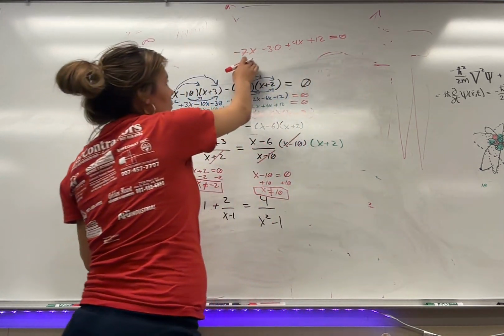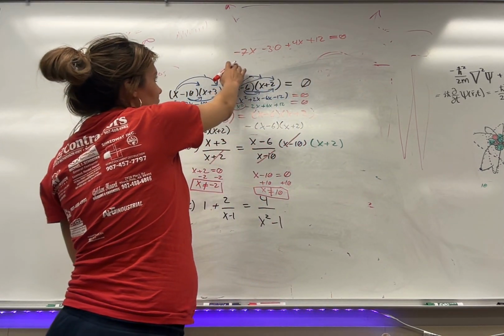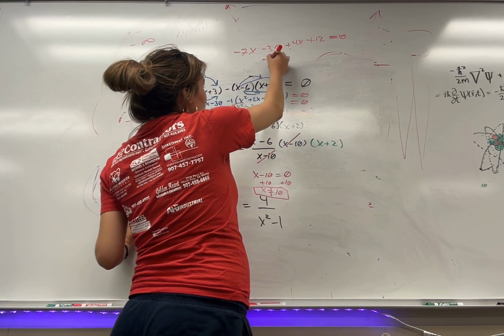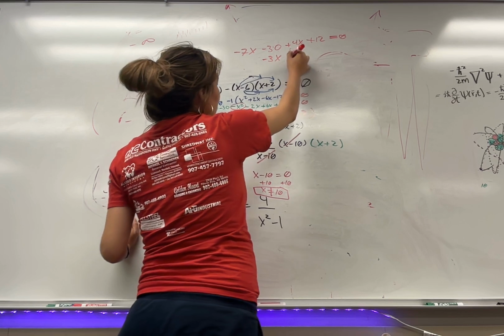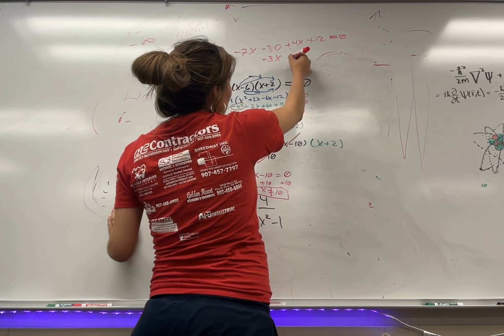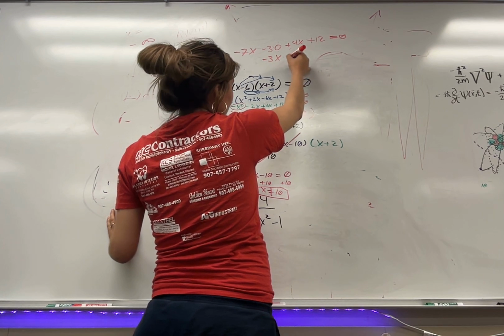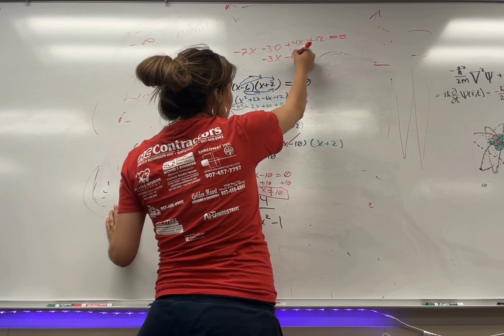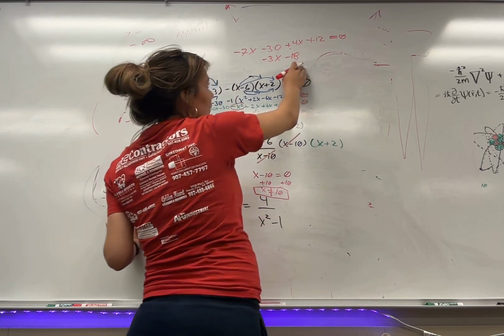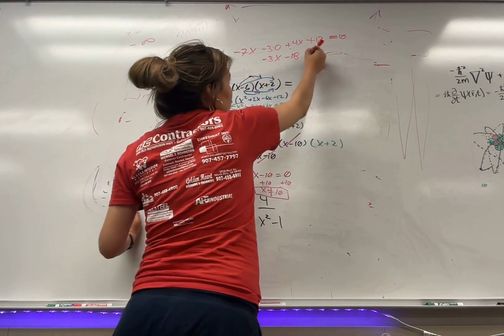Okay, so here's where we have negative 7x plus 4x. This becomes negative 3x. And this is minus 30 plus 12 is negative 18. And this is equal to 0.